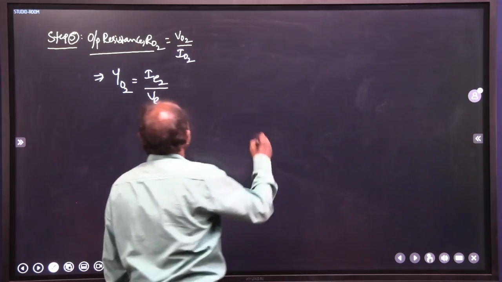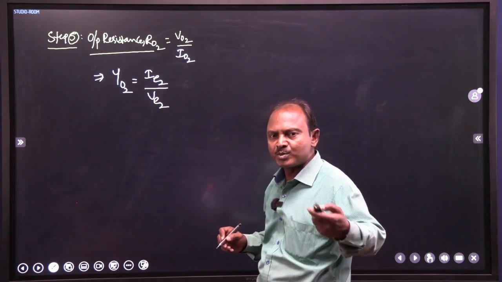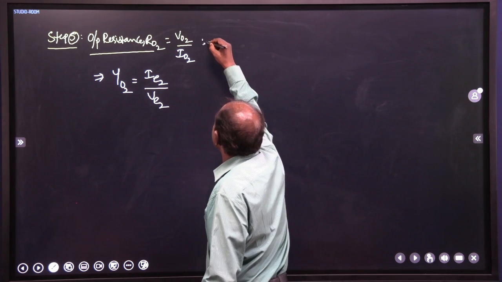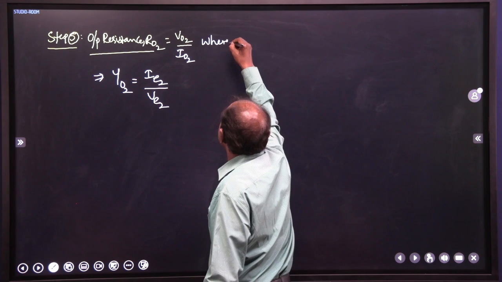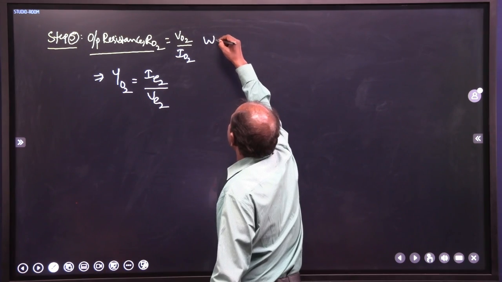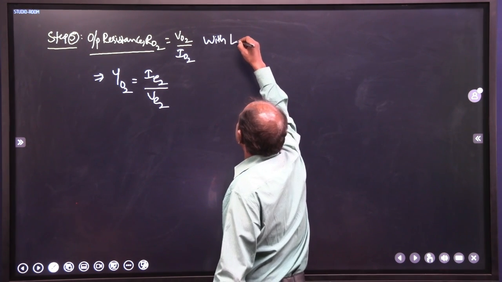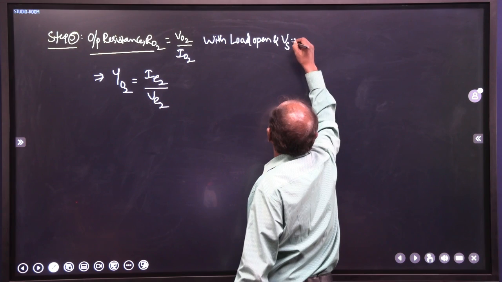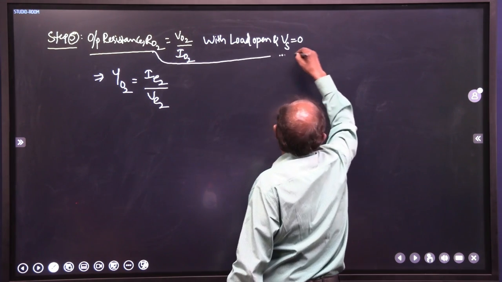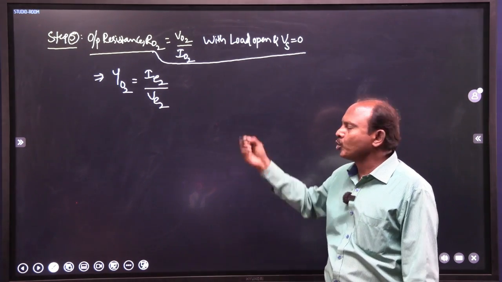While estimating output resistance, there are two very important conditions you are supposed to implement. That's what you might have already observed in the subject called EDC also. While estimating output resistance, the two conditions are, with V02 by I02, load open and Vs or input voltage 0. These are the conditions we are supposed to follow for the estimation of output resistance.